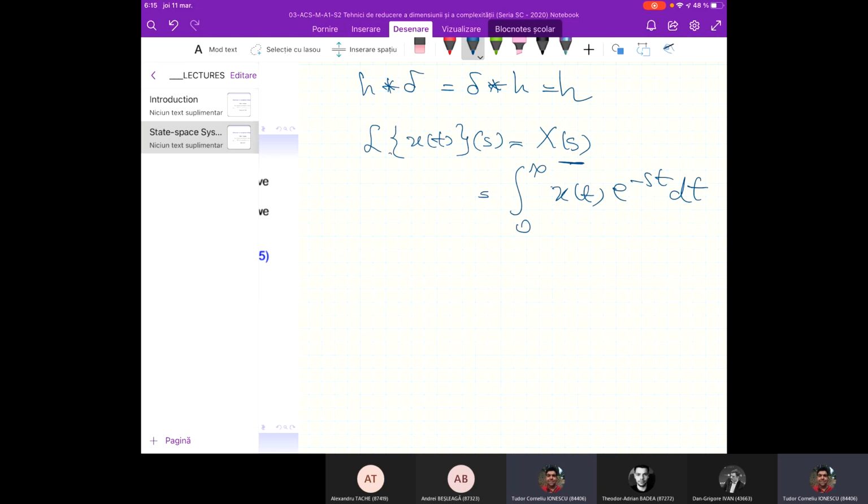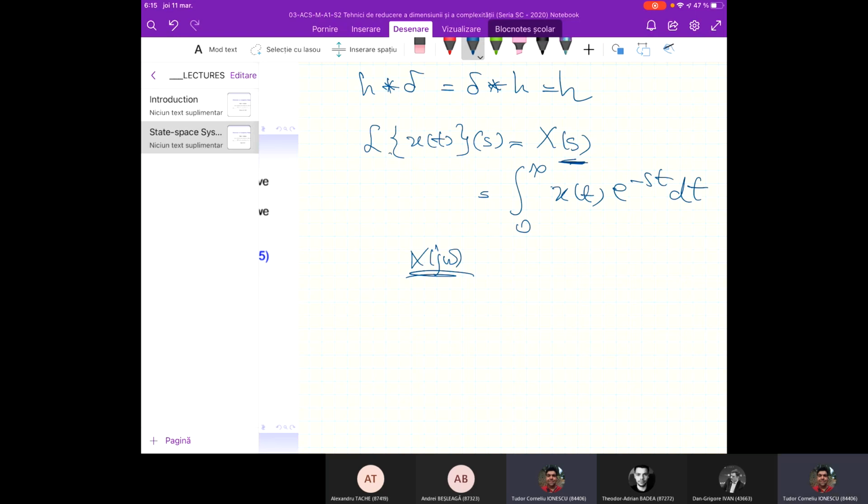It's an integral transformation, just like Fourier. Maybe you've heard about the Fourier transform. It's similar, but more general than Fourier. Fourier is on the imaginary axis, only j omega. In Fourier you have x of j omega, whereas here you use the general complex variable s.